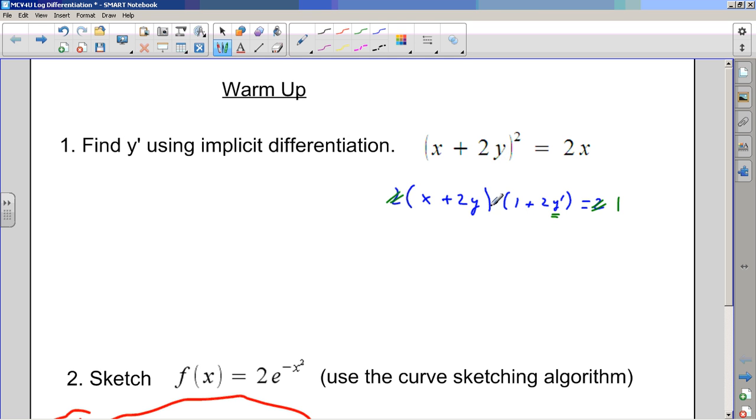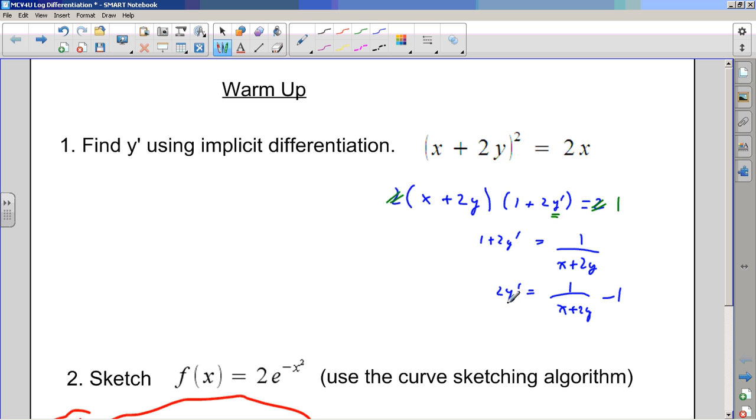But what I'm going to do is I'm just going to divide by this bracket first. And then these brackets become not necessary. 1 over x plus 2y, subtract 1. Notice I could get a common denominator and tidy that up if I want to.